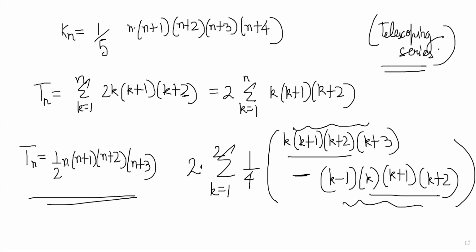And then finally, you have to do Kn minus Tn, because earlier we had written the initial thing as the difference of Kn and Tn, and you should be able to calculate the answer. The final answer I'm writing, you should work out the steps yourself. Sn is 1 by 10 n, n plus 1, n plus 2, n plus 3, and 2n plus 3.